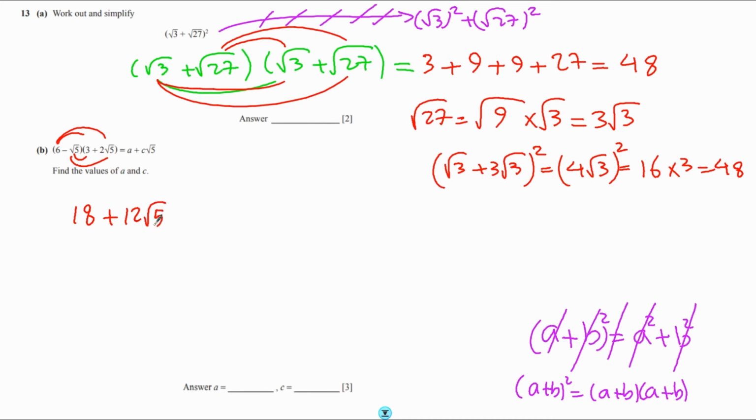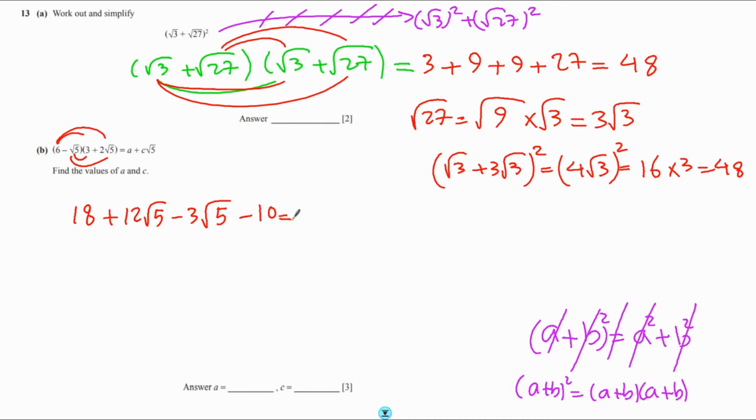Minus the square root of 5 times 3 is minus 3 square root of 5. Minus the square root of 5 times 2 square root of 5: the square root of 5 times the square root of 5 would be 5, 5 times 2 is 10, and we have a minus, which would be minus 10.